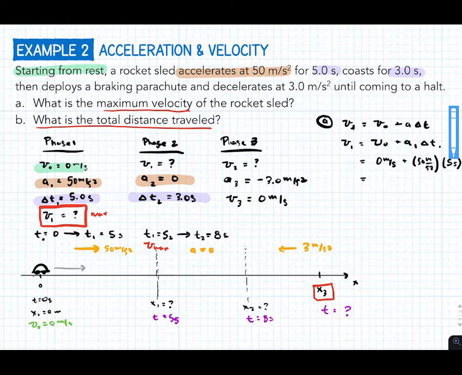So when we multiply these together, that means we are at 250 meters per second, and this should be our V1, but also our V max, okay? And that should be in the forward, the positive x direction if you want to write it as a vector. So we'd call that x hat.